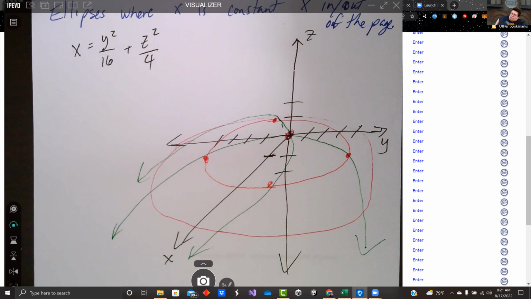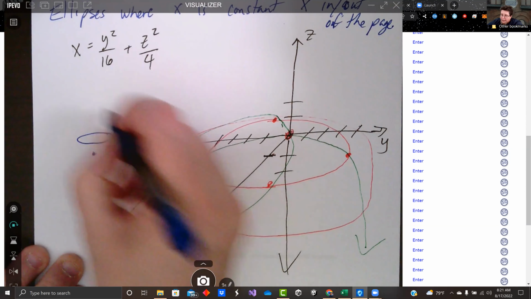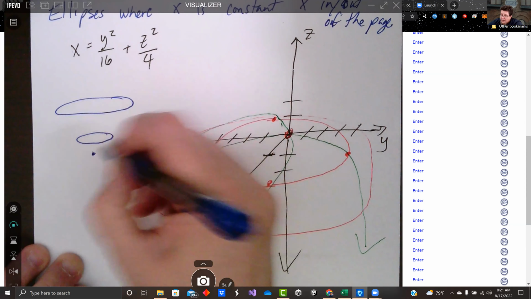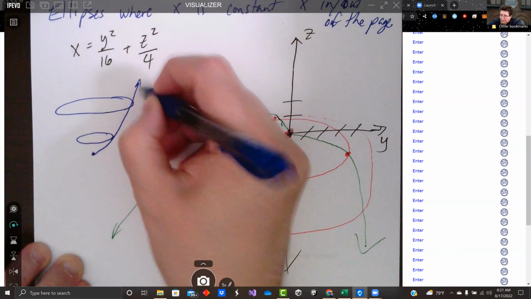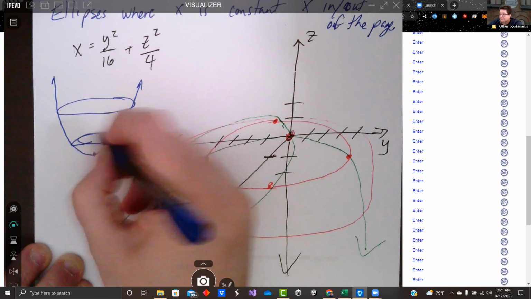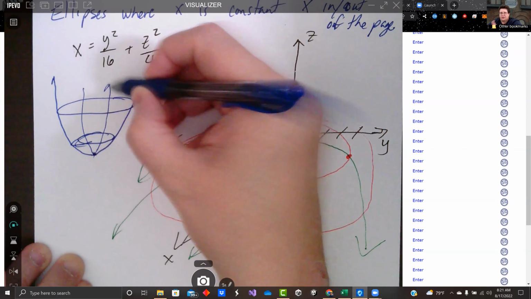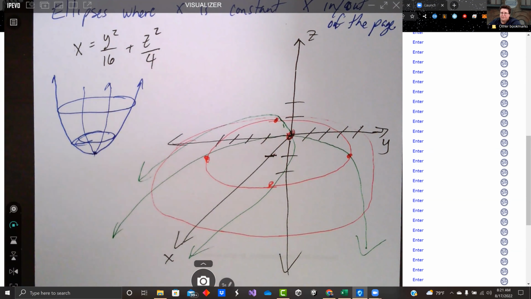And it might help since this one is coming out of the page and is a little hard to picture, but we do know there are ellipses. So maybe if I did something where I could see it a little bit better, like ellipses going upward like this, and I know that's making a parabola like that. Apparently my circle isn't good enough. I'm making like this cone that doesn't have a point on the bottom.